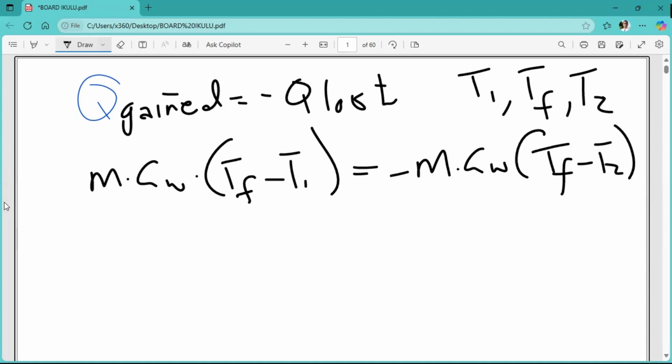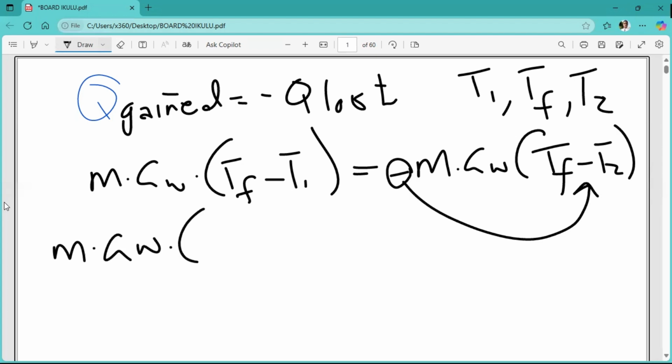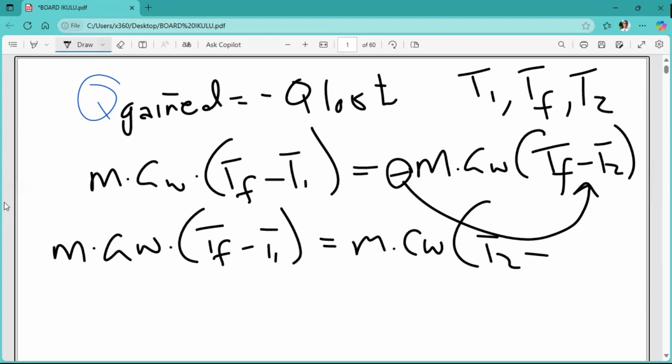Or if you don't want to involve this negative that is here, that means you're supposed to interchange the terms in the brackets. That means you're going to say M CW (T final minus T1) will be equal to M CW (T2 minus T final).